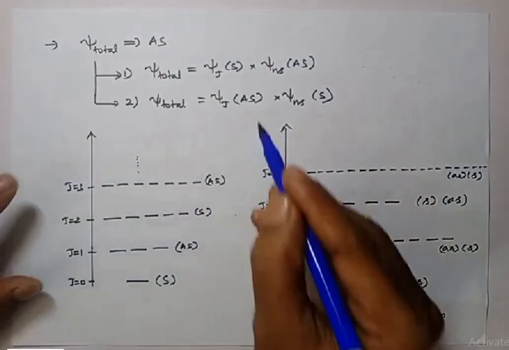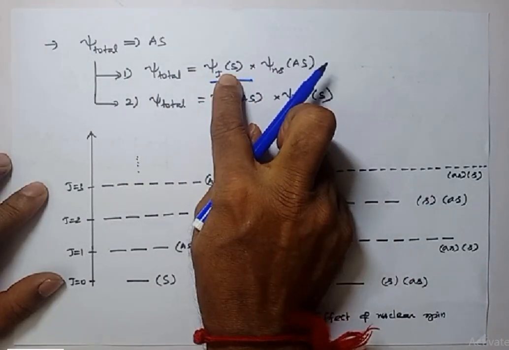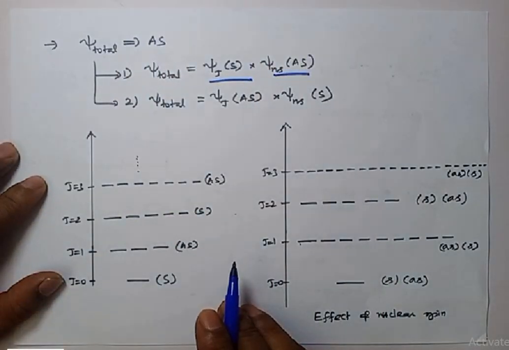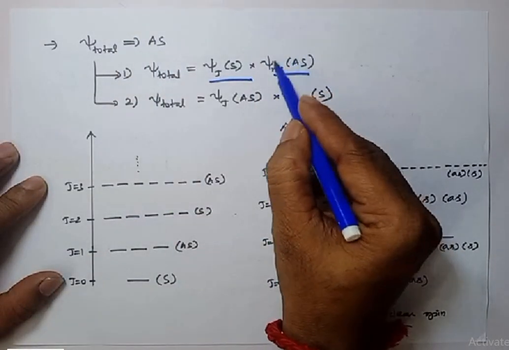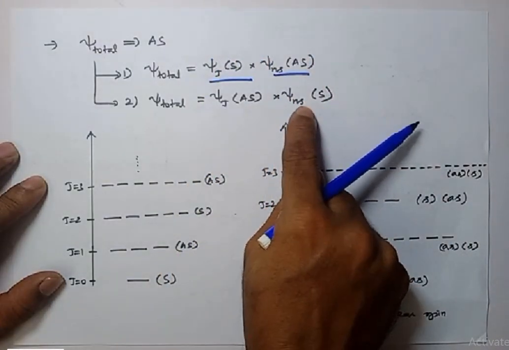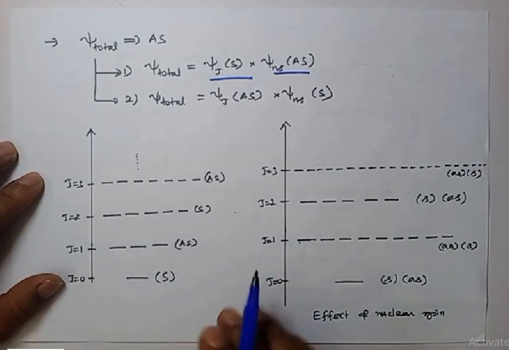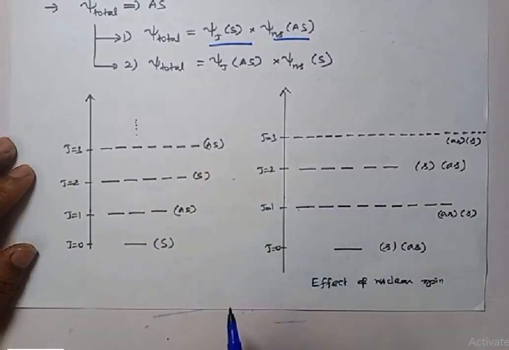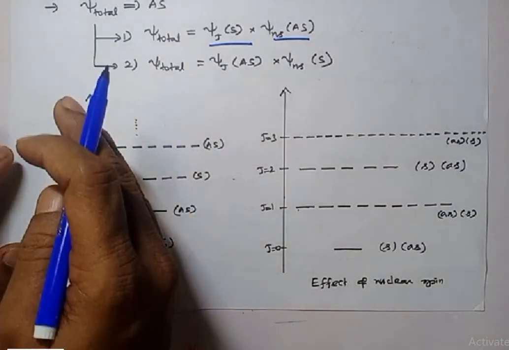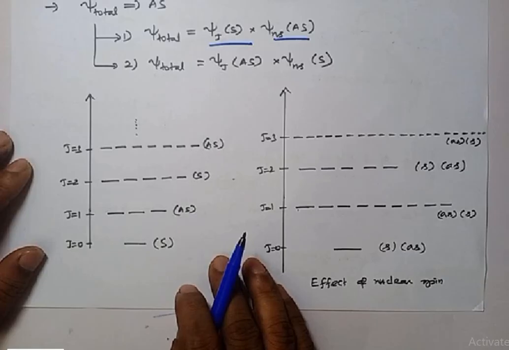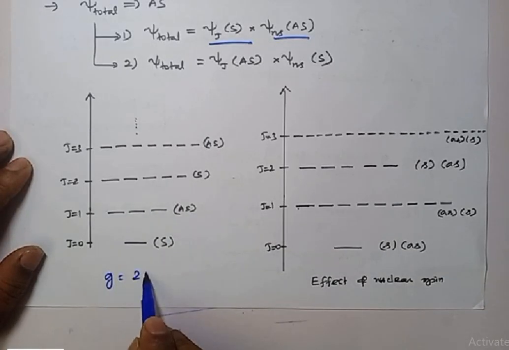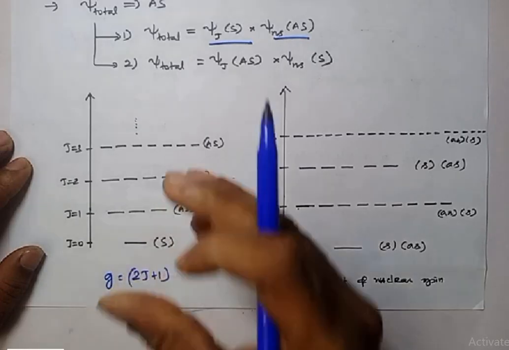So remember, a symmetric rotational state will combine with an antisymmetric nuclear spin state. And you know very well how many antisymmetric spin states there are: only 1. How many symmetric spin states are there? 3. So listen carefully. You know very well, in the case of rotational levels, what is the degeneracy of the rotational level? The degeneracy formula is 2J+1.